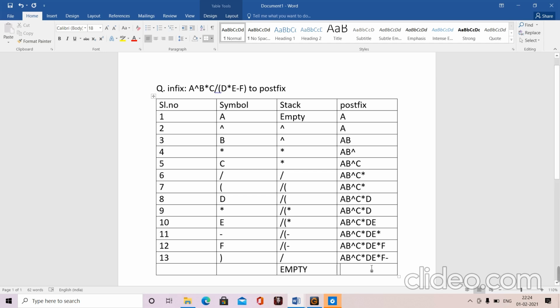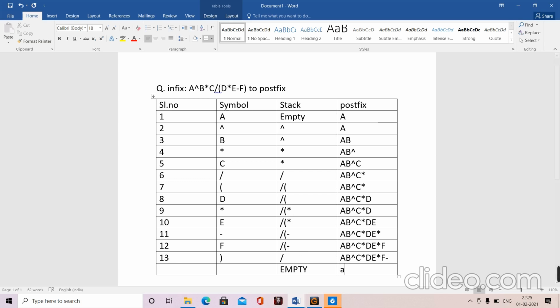We have already scanned all the symbols of the infix, so we pop all the operators in the stack and add them to the postfix array.